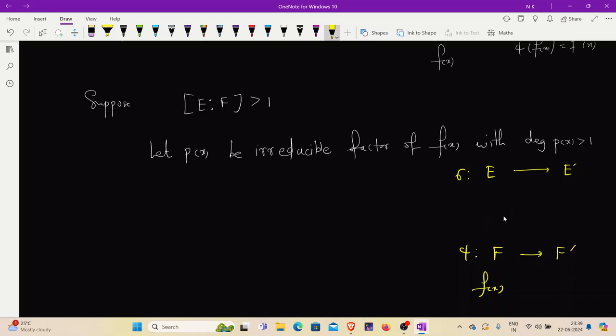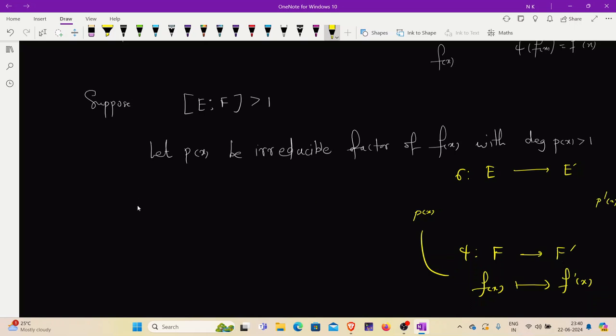If p of x is an irreducible factor of f of x, then p dash of x, the image of p of x, is an irreducible factor of f dash of x. That's quite obvious. F dash of x is the image of f of x, right? So that's quite simple to understand.